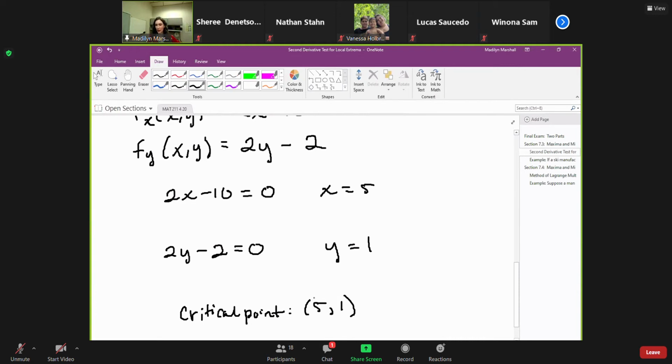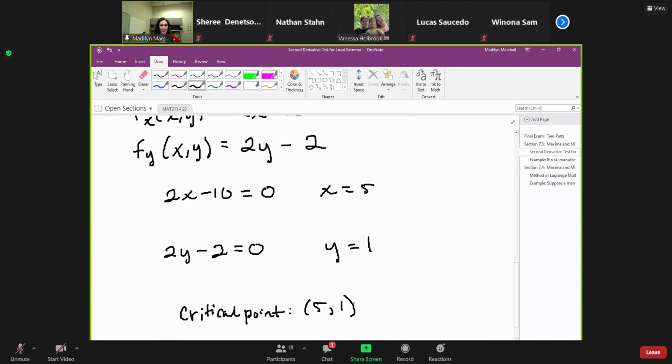So here we know something important is happening when X is 5 and Y is 1. But we don't yet know whether that's a maximum, minimum, or saddle point, and we don't yet know the Z coordinate of that. We just know something important is happening in space when X is 5 and Y is 1.